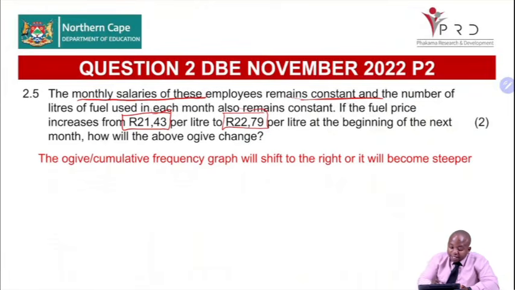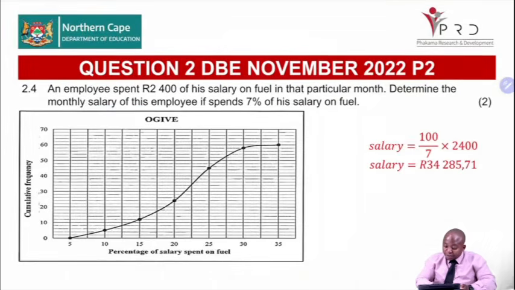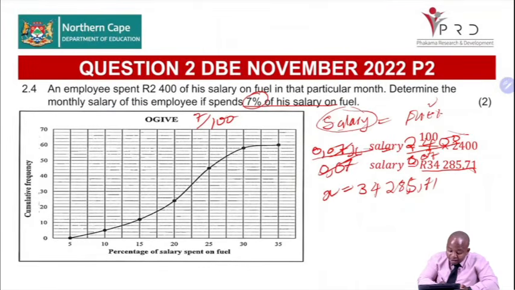We can see that the salary remains the same. Let's use the person from the previous question, where our salary will remain at 34,285, and only the fuel price is going to increase.